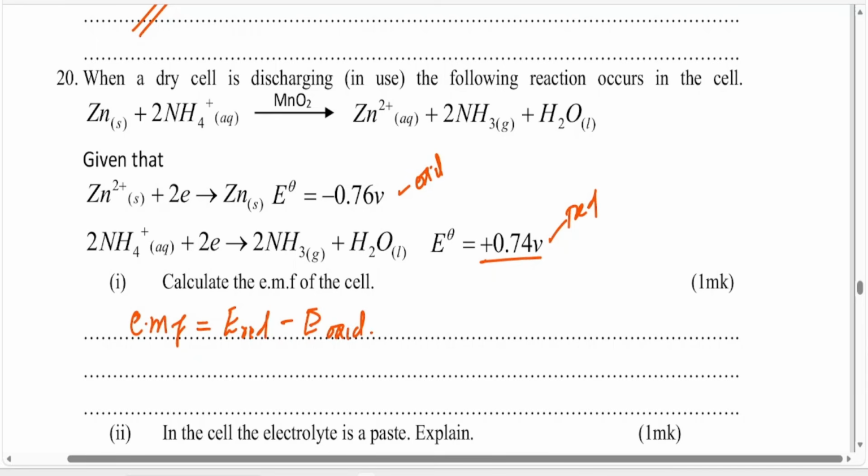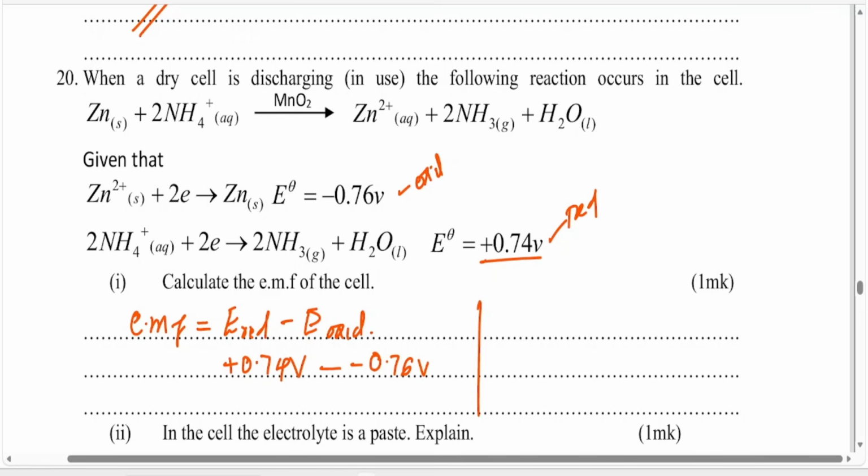So how do we do it? We're going to have positive 0.74 volts minus negative 0.76 volts. Mathematically, a negative multiplied by a negative becomes a positive.